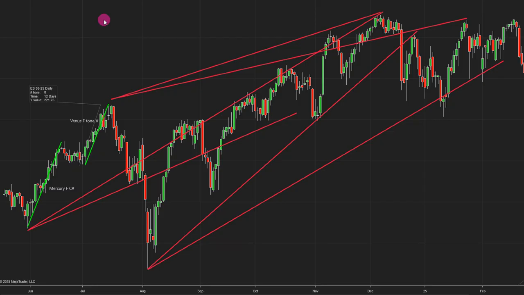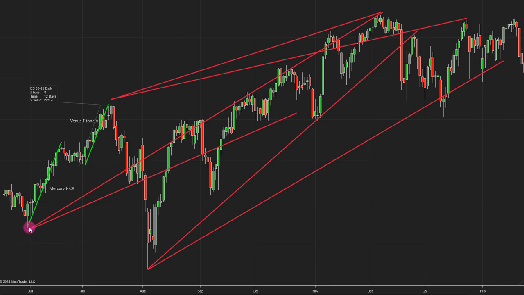So I'm projecting two different frequencies for time counts off of each pivot. And then I've got two price range projections marked off of those. One is a frequency and one is a wavelength.